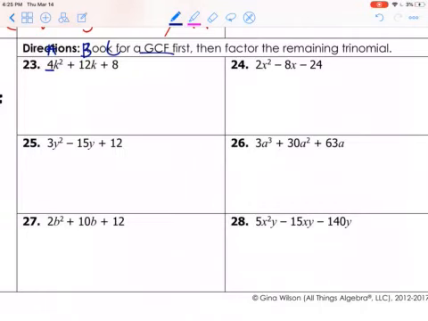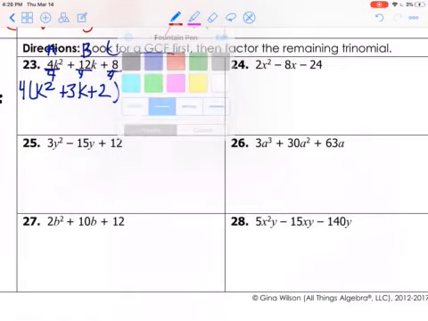So I'm going to look for a GCF first. Between 4, 12, and 8, they all have a 4 in common. So from the other day, we divided everything by 4. And we took it out, and we had k squared plus 3k plus 2. And now there's no number in front of that k squared, so now I'm ready to factor.